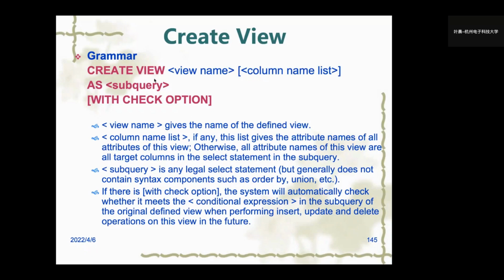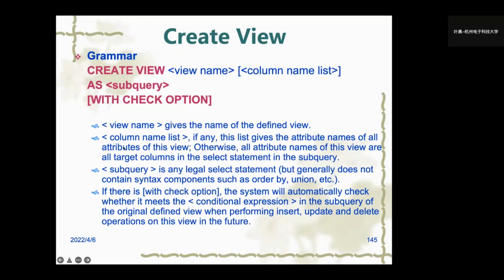And here we can see there is a with check option. If you write a with check option here, that means the system will automatically check whether it meets the condition expression in the subquery of the originally defined view when performing insert, update, and delete operations on this view in the future.